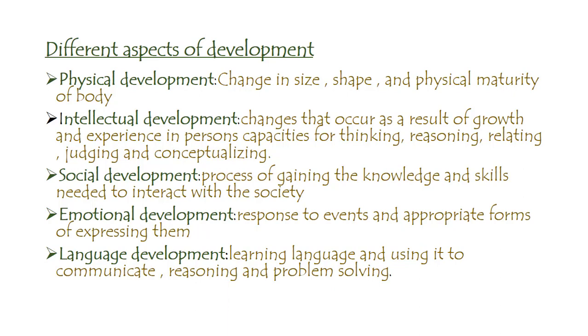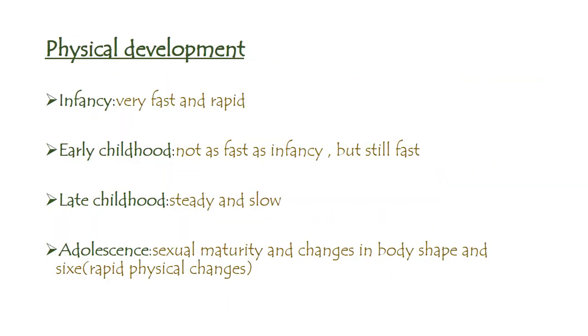Emotion is the way a person reacts to a particular situation, and how a person reacts at each stage of development is emotional development. And language development is the language we use to communicate with people, and how this language changes from infancy to adolescence is language development.